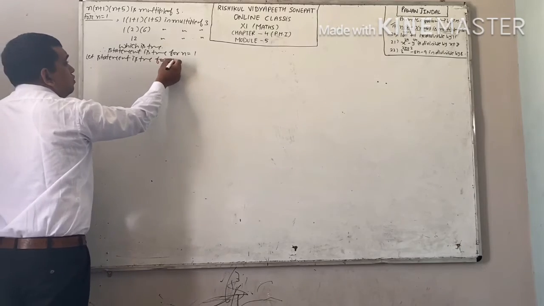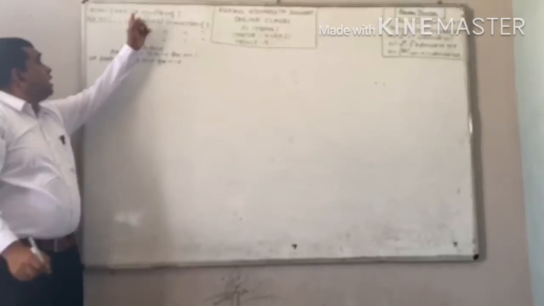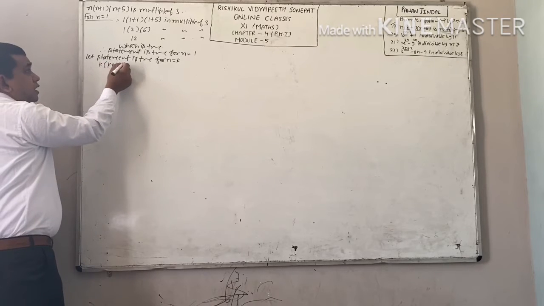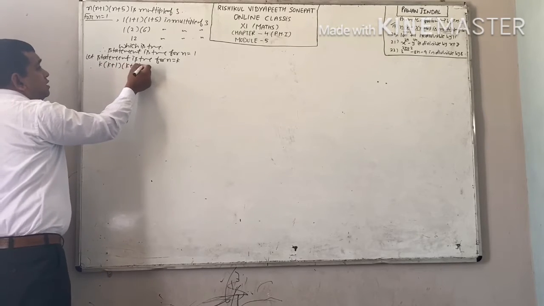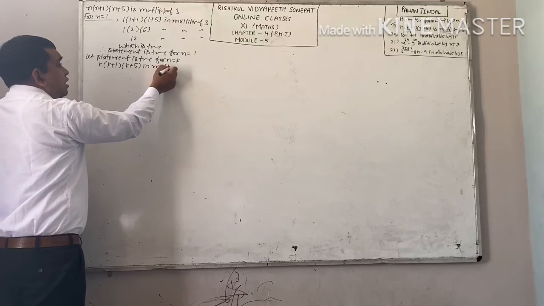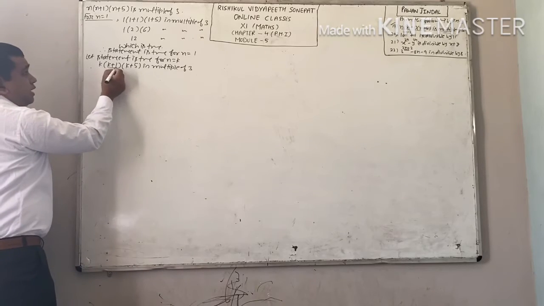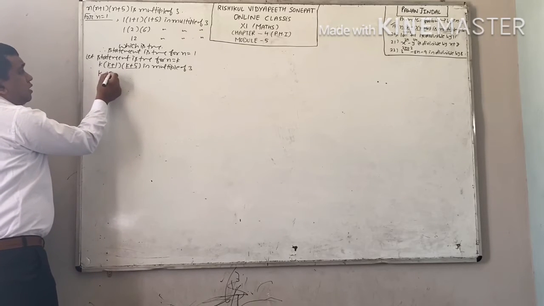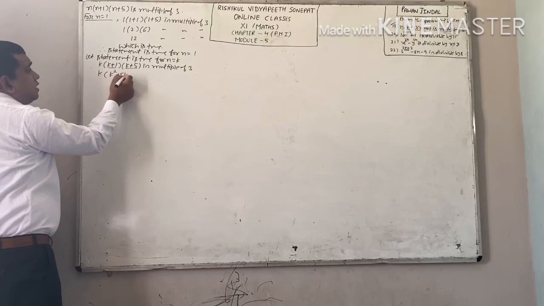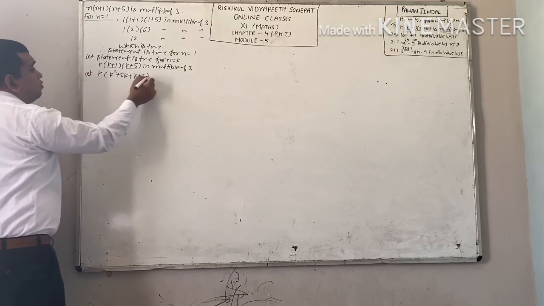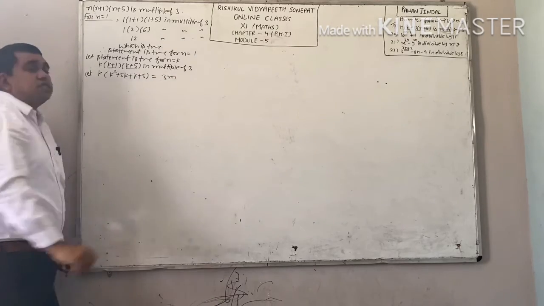Second step, let statement be true for n equal to k. Now put n equal to k in the given statement. You will get k into k plus 1 into k plus 5 is multiple of 3. You can say multiple of 3 or divisible by 3. Let's open this bracket. You will get k into k square plus 5k plus k plus 5, and let it be equal to 3n, because it is multiple of 3.